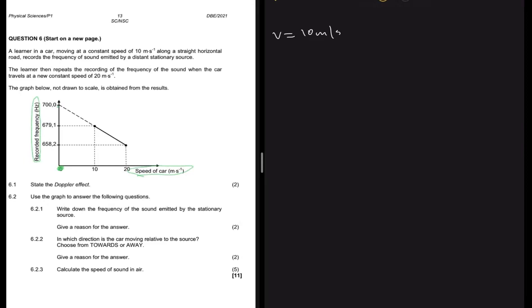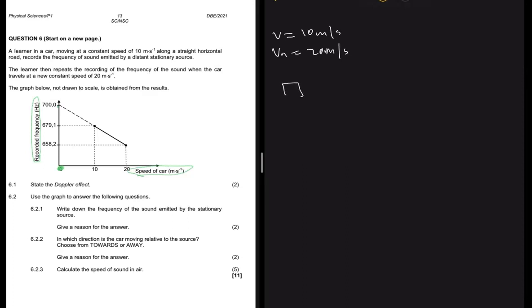The learner then repeats the recording of the frequency of the sound when the car travels at a new constant speed of 20 meters per second. So we have our V new of 20 meters per second. The graph below, not drawn to scale, is obtained from the results. On the y-axis we have the recorded frequency, and on the x-axis we have the speed of the car. So let me sketch what is going on.